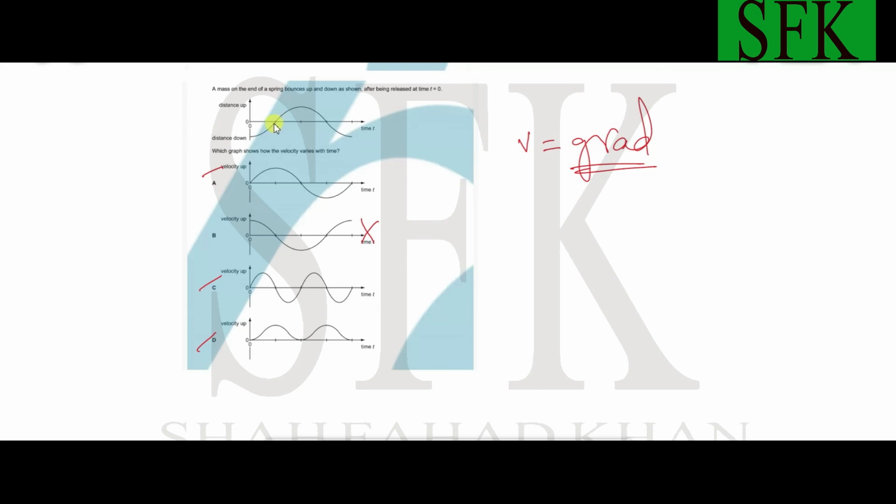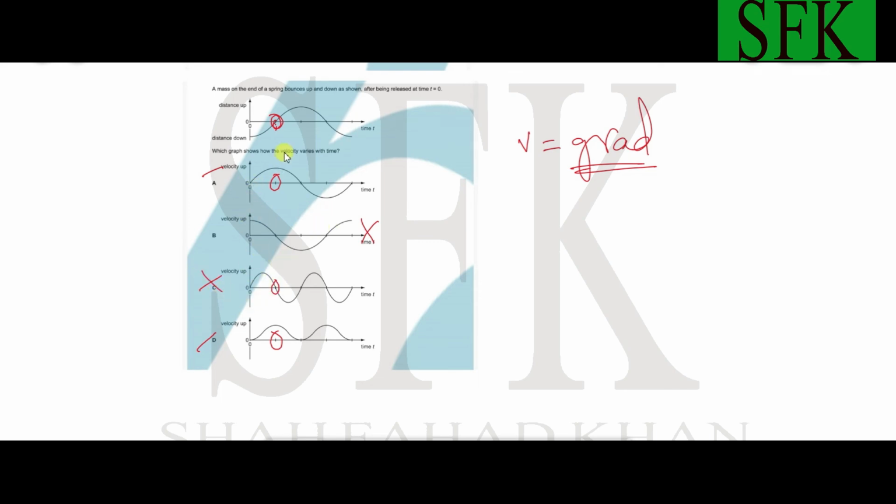If we look at these points carefully and compare them to each of these graphs, at this point the gradient must have a maximum value. In graph C, the value of the gradient is 0, so C cannot be the answer.